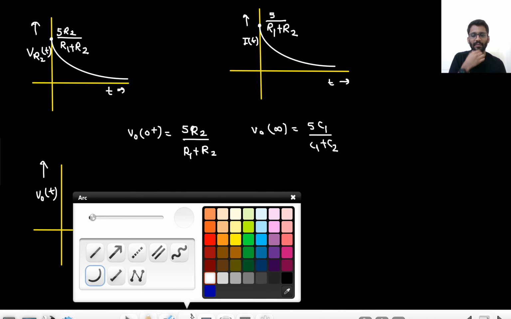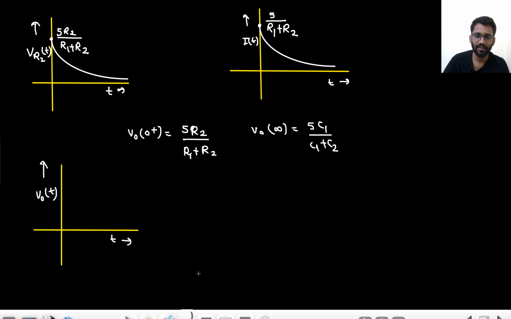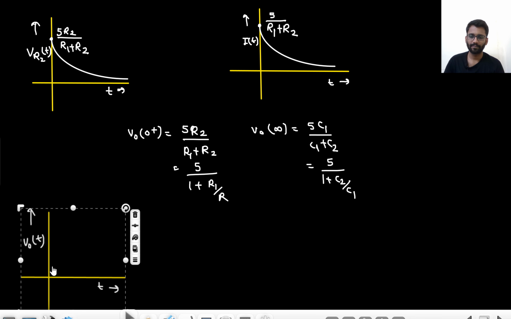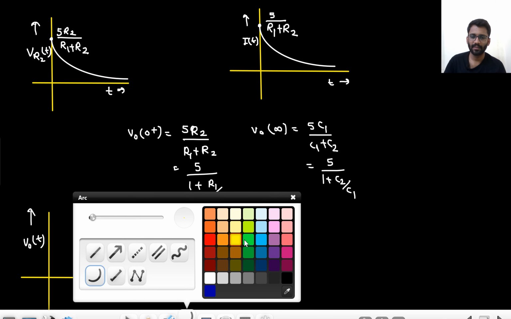Okay, so there are two chances. It can rise, it can decay, it can be equal. You can write it down as 5 upon 1 plus R1 by R2, and you can write it down as 5 upon 1 plus C2 by C1. There will be basically three graphs.